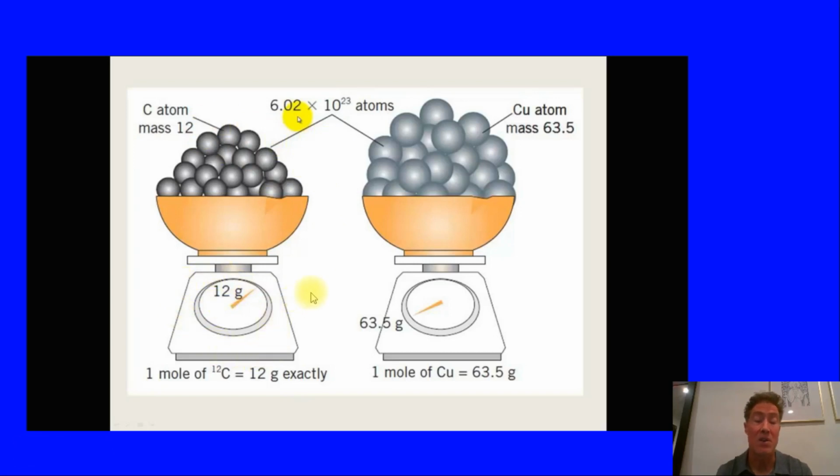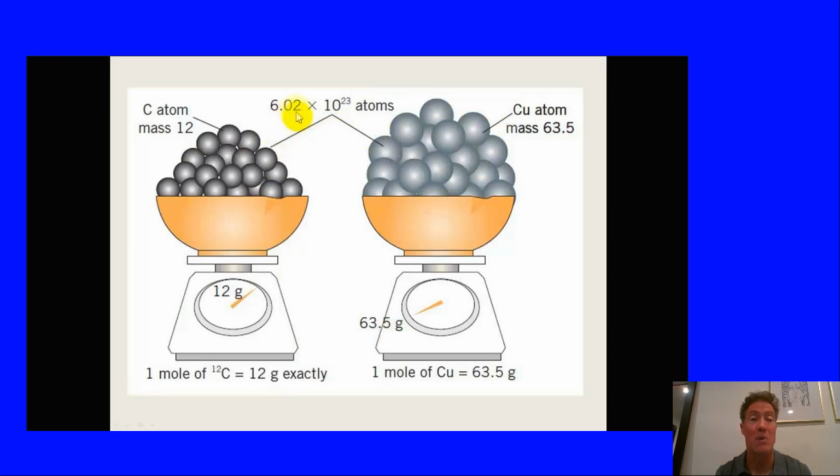And it takes 602 hextillion, not molecules, atoms of carbon-12 to give us 12 grams. It takes 602 hextillion copper atoms to give us 63.5 grams. But in both of these, even though the weights are different, their individual count is the same.